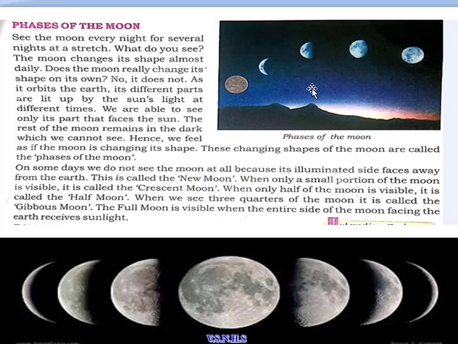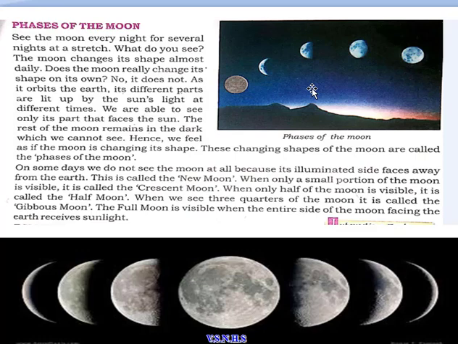That is, when a very small portion of the moon is visible, this phase of the moon is called the crescent moon. Next, when only half of the moon is visible, it is called the half moon. And when we see three-fourths of the moon, it is called the gibbous moon. Okay. And the full moon is visible when the entire side of the moon facing the earth receives the sunlight.